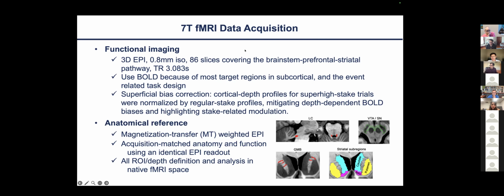And by normalization, you mean kind of division of the different betas, I guess. Yes, so to focus on the stake-related modulation instead of a single condition. So you're kind of normalizing by the CVR, by the vascular gain that you have in each layer, by baseline. Yeah, but you're not kind of deconvolving, you're not taking out spatial misplacement. No, not deconvolving.